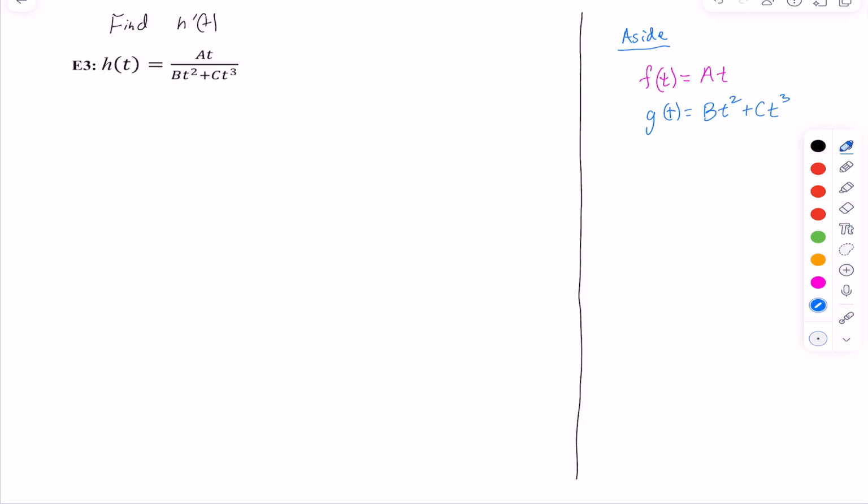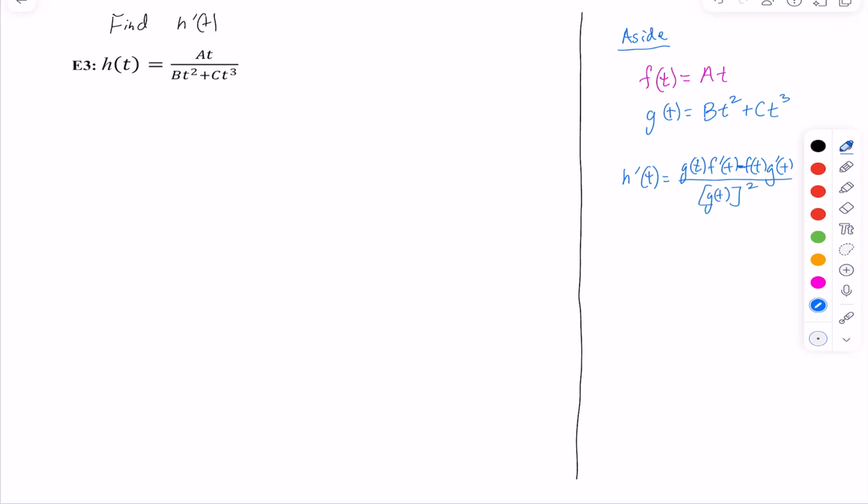Let's go ahead and implement the quotient rule. Remember, in the quotient rule, you never expand the denominator.